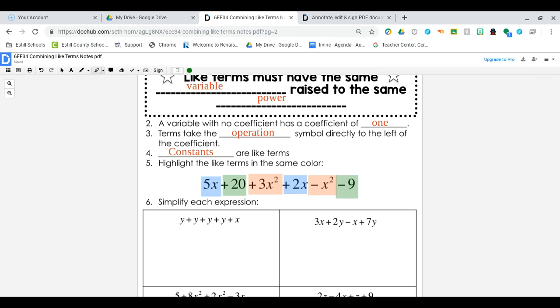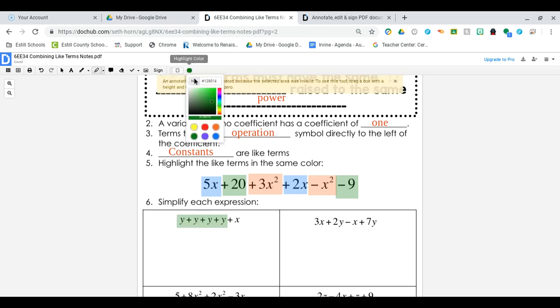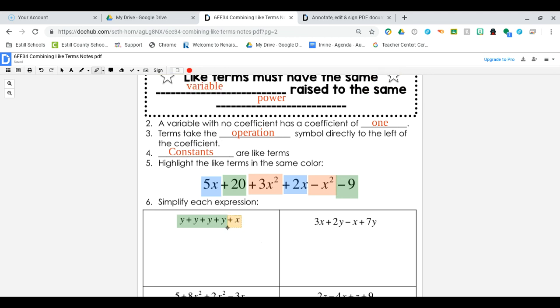If you look at our first example, we have y plus y plus y plus y plus x. Well, if we highlight all of these y's together, we're going to leave it one color, and then we're going to highlight the x a completely different color. So nothing is raised to a higher power than the other. So we're just going to treat this alphabetically. x comes before y, so I'm going to put x first, and then I want to have plus 4y.